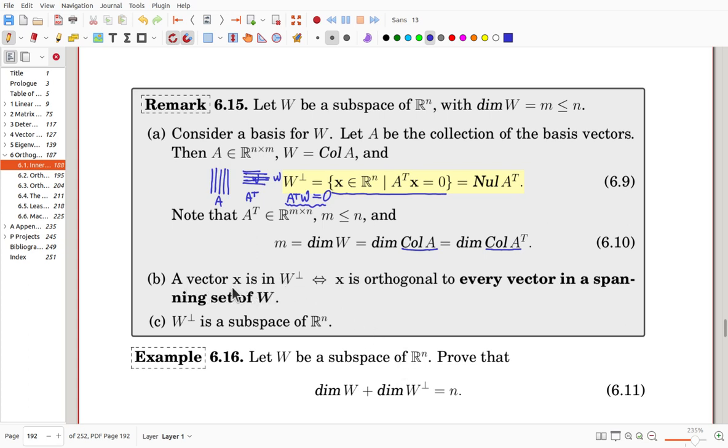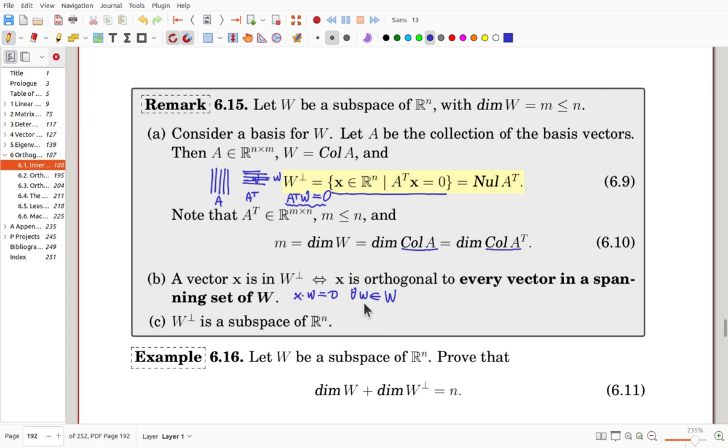Let's see part B. A vector x is in W perp if and only if x is orthogonal to every vector in a spanning set of W. This left-hand side is the same as x dot w is 0 for every choice of w from capital W. That is the definition.